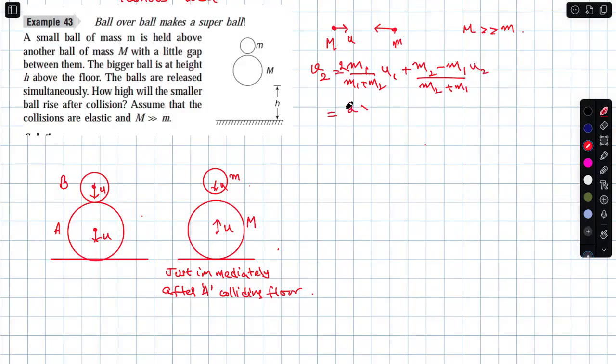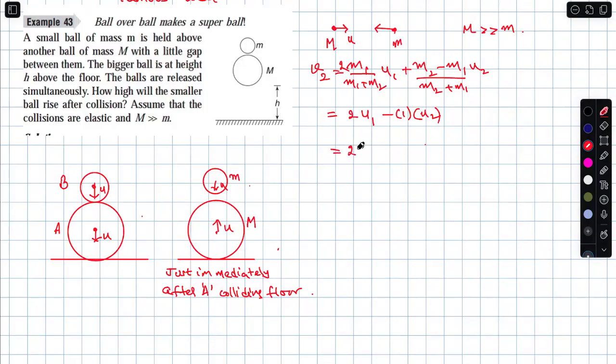So obviously in this case, what will happen? Almost this is 1. So 2 times u1. What happens to this? The entire thing is minus 1, minus 1 times u2.